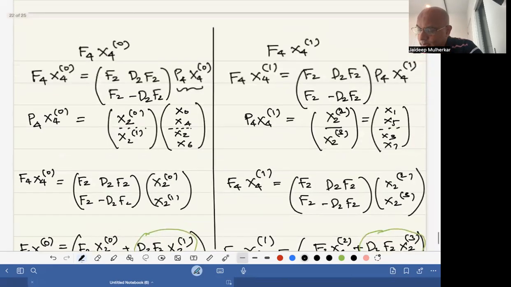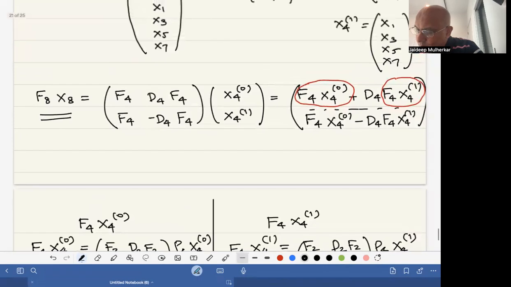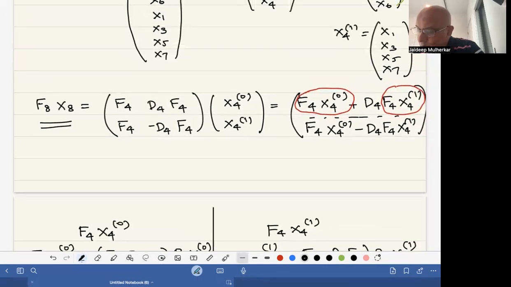At the higher level, over here, there is a 4 cross 4 matrix multiplied by a 4 cross 1 vector, right? So there are four multiplications. That happens because this is a diagonal matrix. D4 is just 1, eta, eta square, eta cube, right?